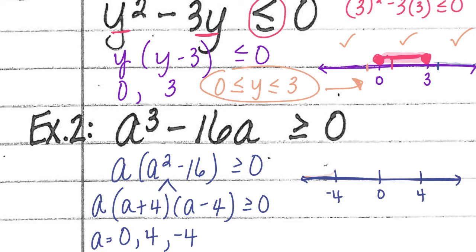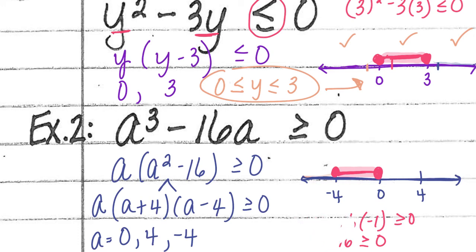All right, let's check now a number that is between 0 and negative 4. I'm going to pick negative 1 because that's super easy to choose. Negative 1 cubed minus 16 times negative 1 is greater than or equal to 0. Negative 1 plus 16. Hey, this one looks like it works because 15 is greater than or equal to 0. So I'm going to fill this in right here.